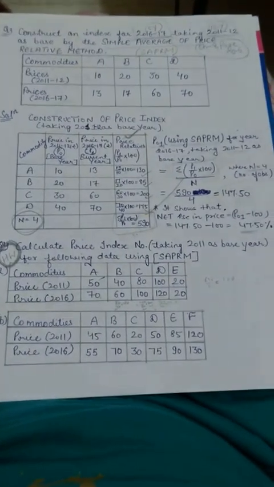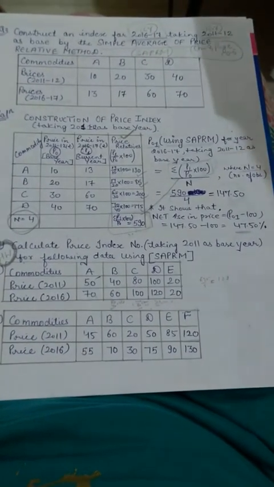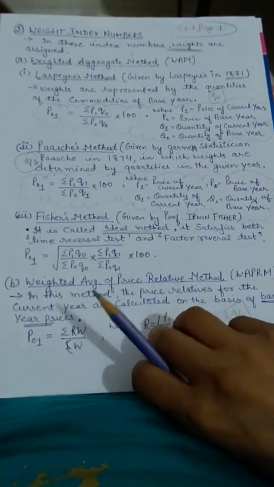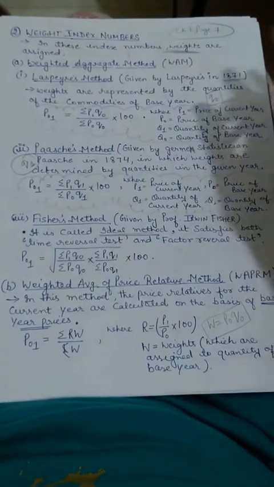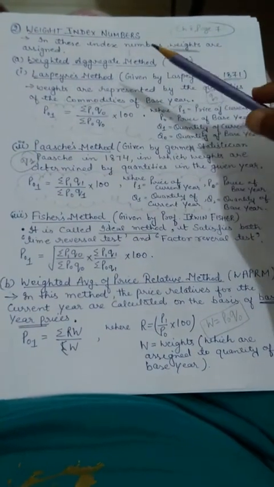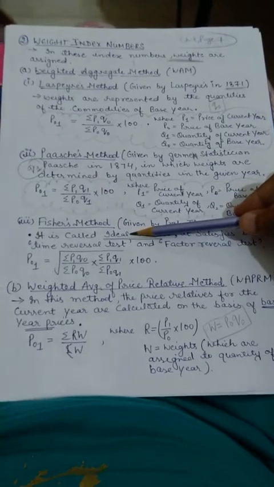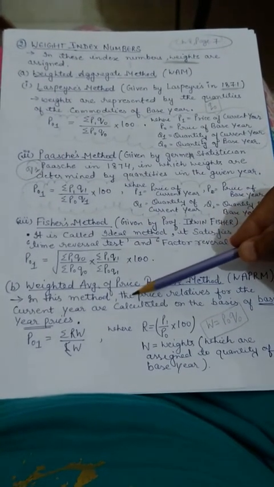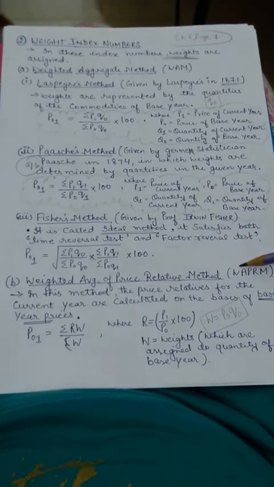And after this, we have discussed the different ways to calculate the weighted index number. That is your weighted aggregate method. It has 3 parts: Laspeyres method, Paasche's method, and Fisher's method. And finally, we discussed the weighted average of price relative method.